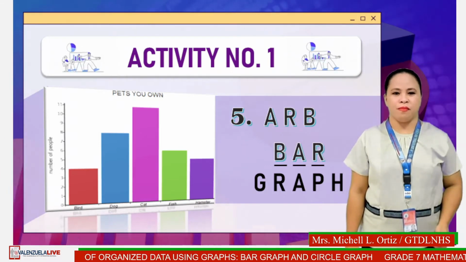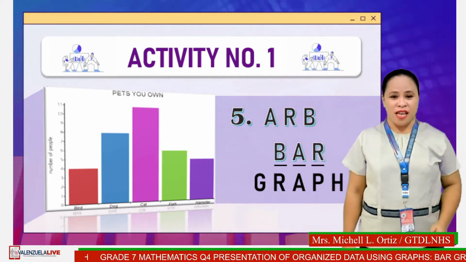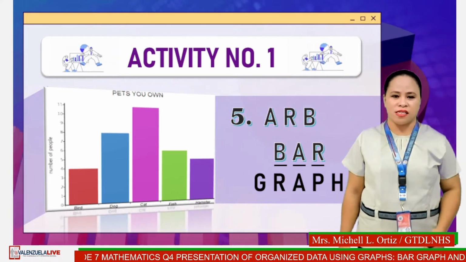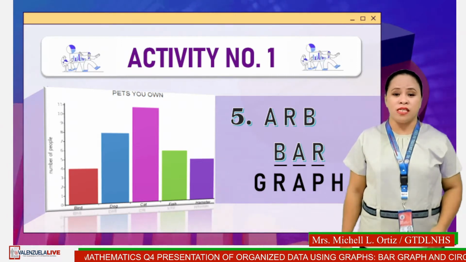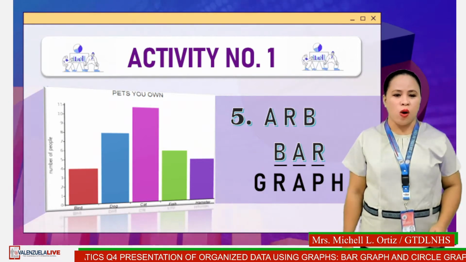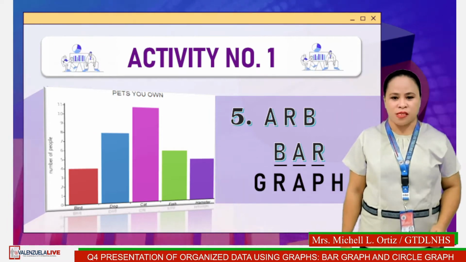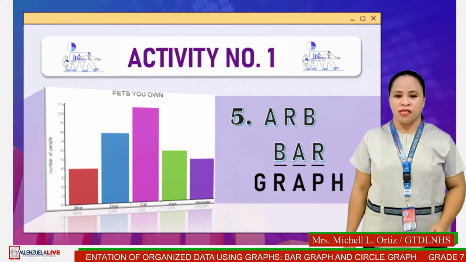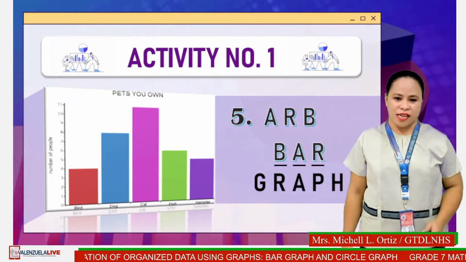Bar graph. In our previous lesson, we discussed how data gathered are being organized in what we call frequency distribution table. These organized data can also be presented through graphs, which can give us a clear picture of the characteristics of data even in just a glance.